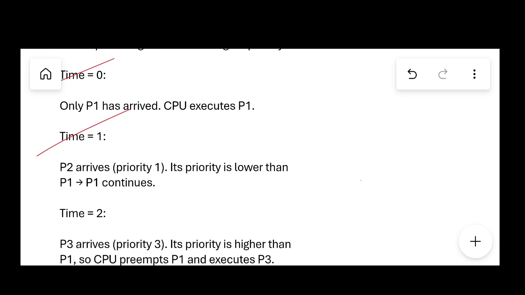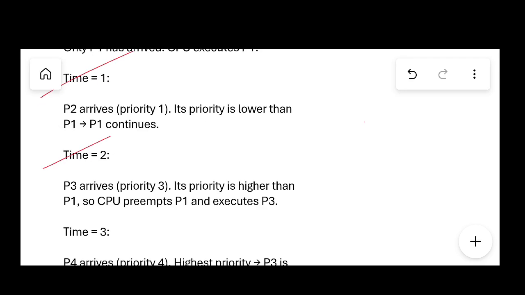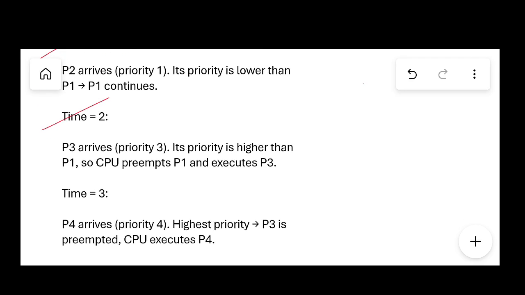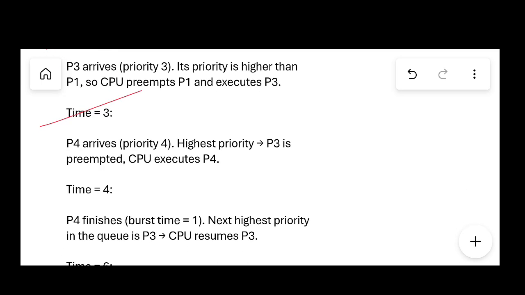Then at time 2, P3 arrives with priority 3, higher than P1, so the CPU pauses P1 and runs P3. Then at time 3, P4 arrives with priority 4, the highest priority, so the CPU pauses P3 and runs P4.